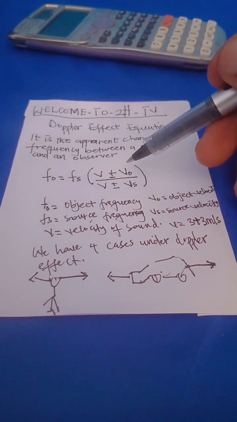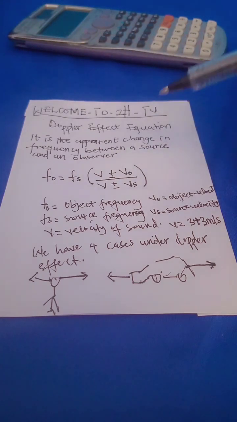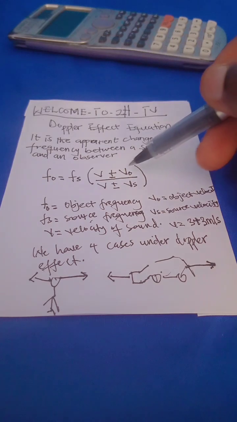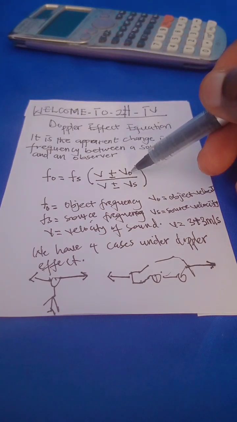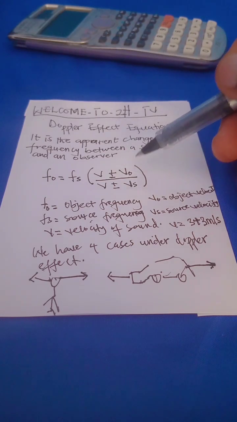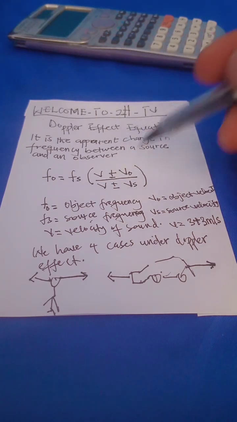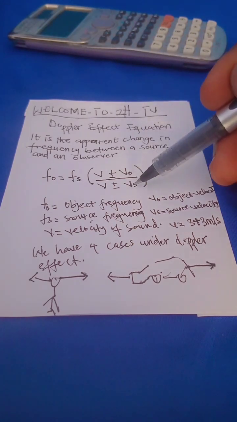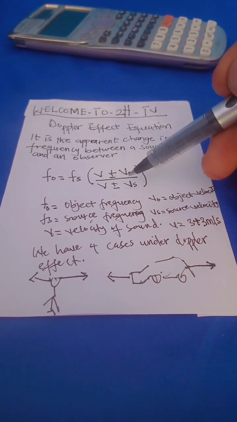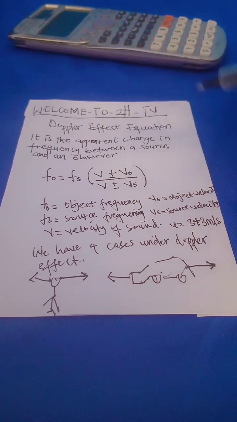So we need to know the direction in which they move, so that the velocity of the source will be added or subtracted. So let's quickly look at that.